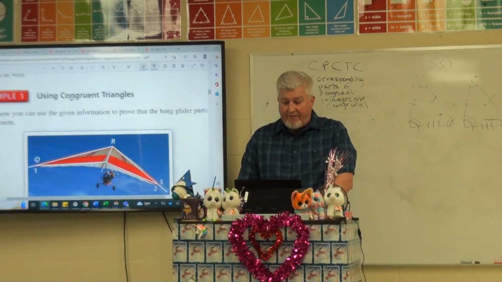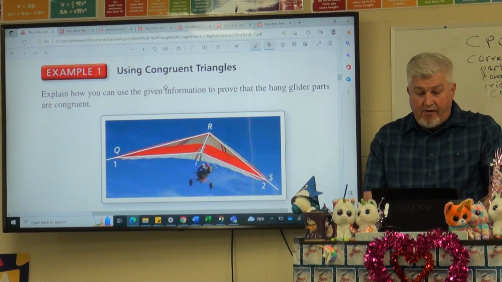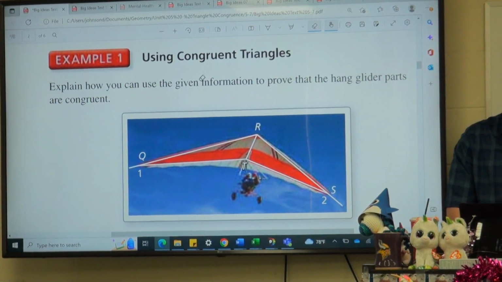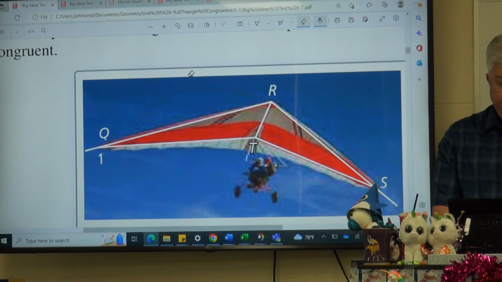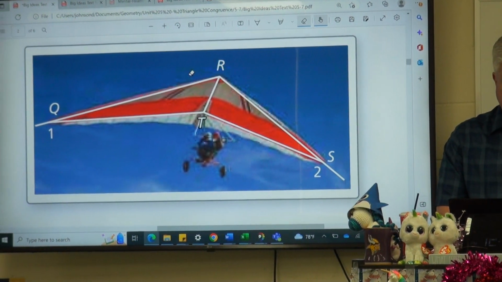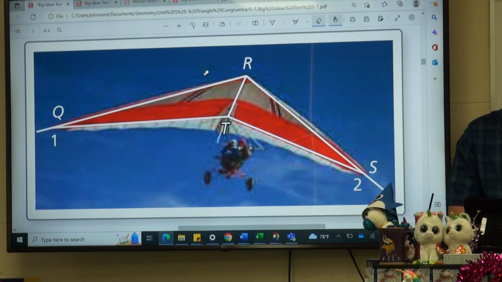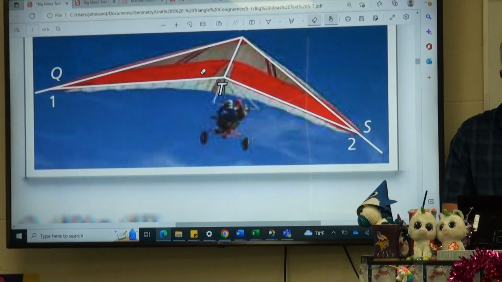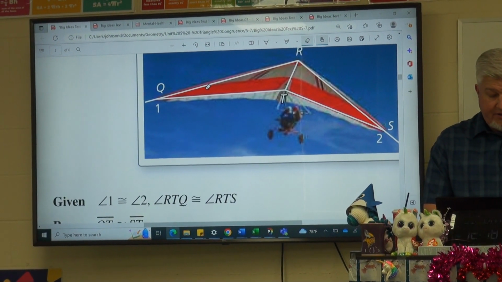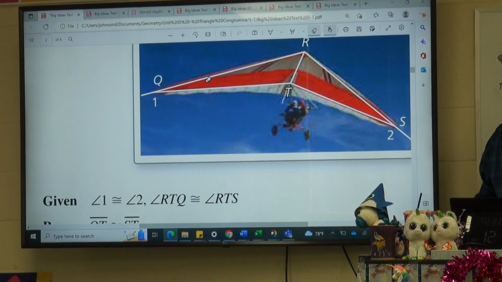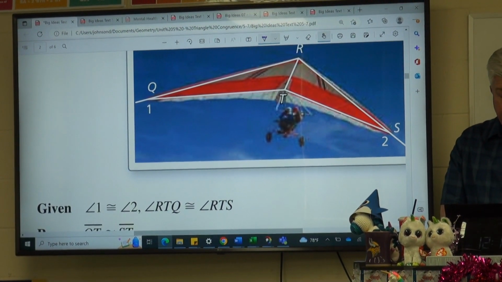So here we have a real world example of using congruent triangles. It says, explain how you can use the given information to prove that the hang glider parts are congruent. So I'm going to zoom in on this hang glider. Something that is on my bucket list to do, to be honest. So they give us 2 things you see down here. It says, given that angle 1 equals angle 2. So let's put that in here.